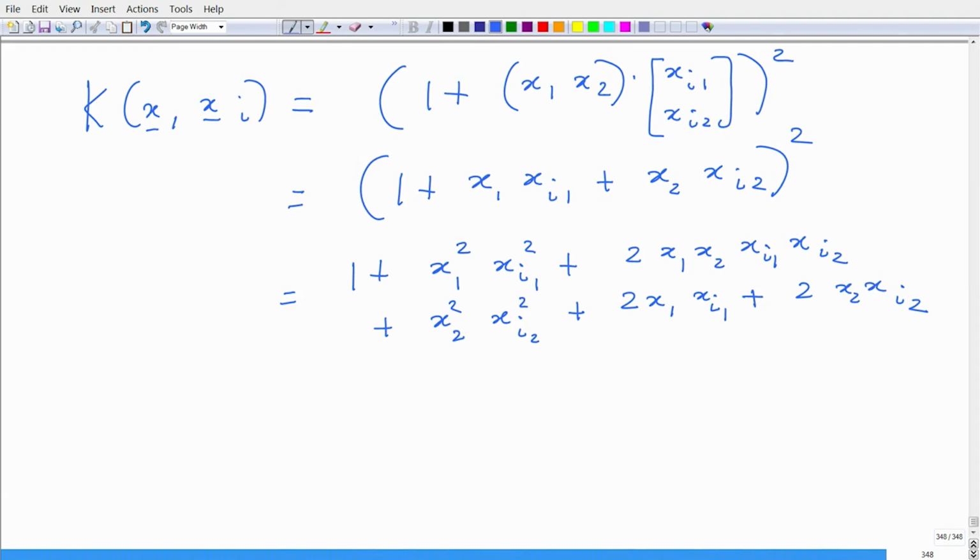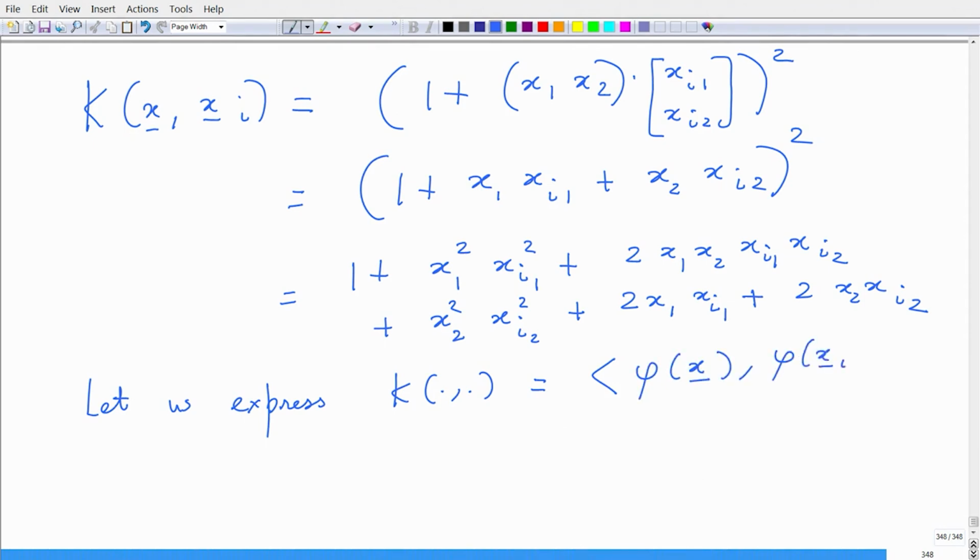Now just the way I did earlier, I treat this kernel as an inner product of 2 vectors, and that is what I need to do. So let us express this kernel as an inner product of phi of x and phi of xi.